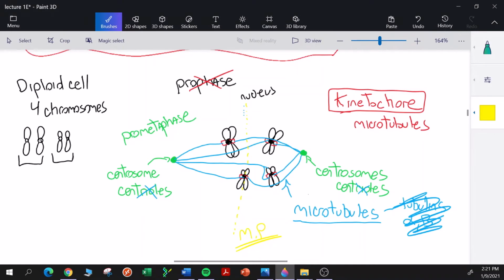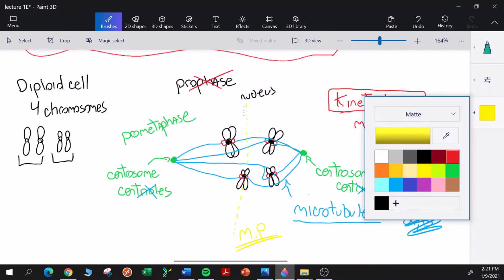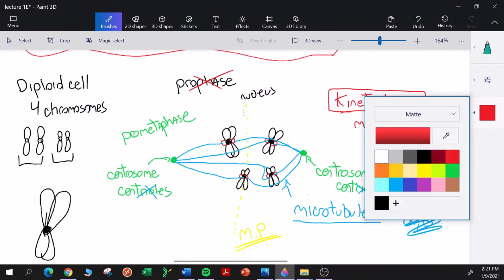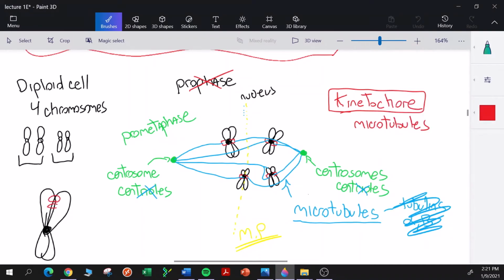Now, also during prometaphase, we're going to have something else going on. So each pair of sister chromatids are held together by a complex called cohesin.